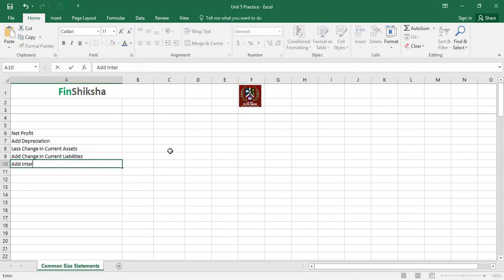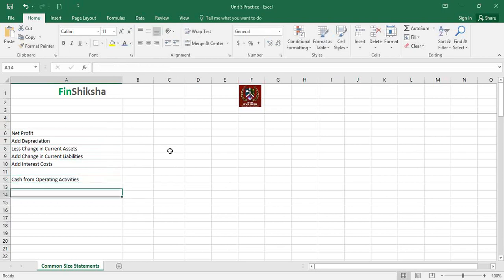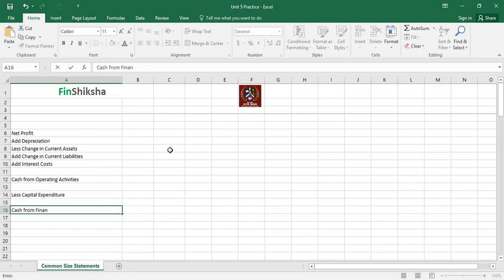We're going to add interest cost, and that gives cash from operating activities, right? Then we are going to do minus or less any capital expenditure, and that's the only item that is there, so that gives us cash from investing activities, right? Just do this along with me, it might be useful.